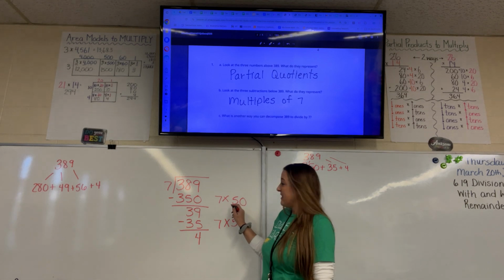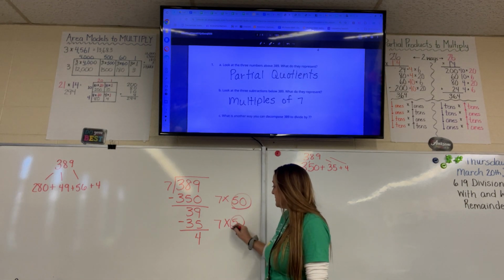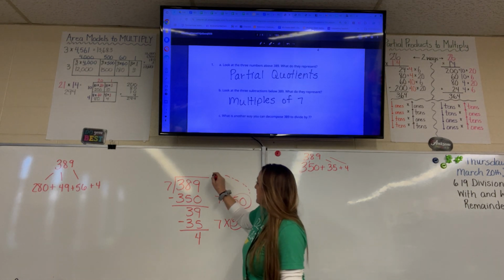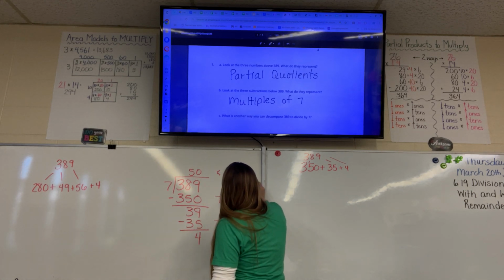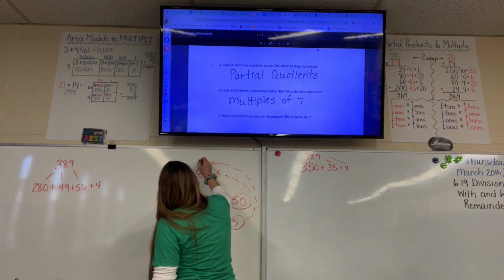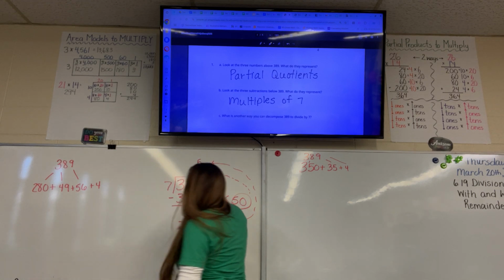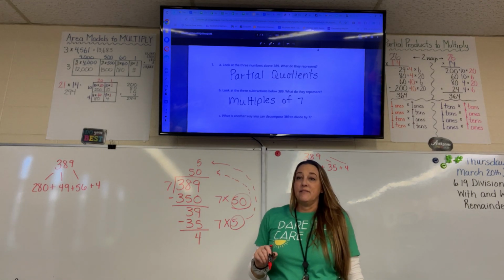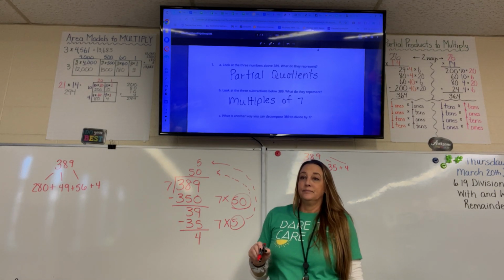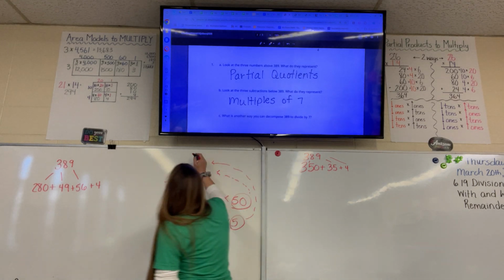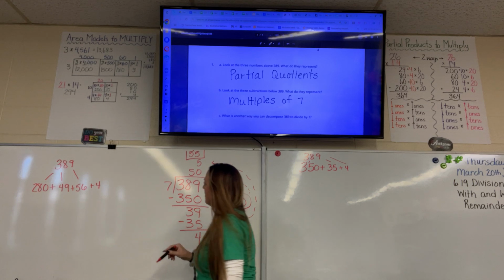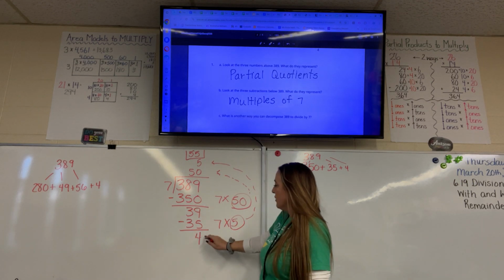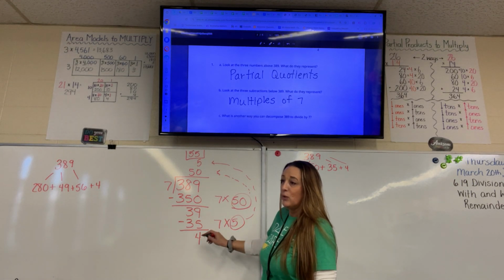Now I'm going to take this number and this number and bring them up here. 50. 5. What's 50 plus 5, Todd? 55. Yep, 55. So the answer to this problem is 55, remainder 4.